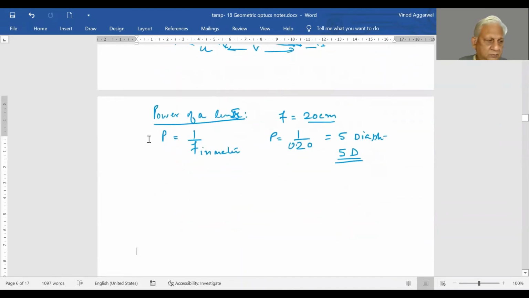Now, what happens when we combine lenses? Let's say we have one lens here. This is one lens. This is another lens. If we combine them, then what is the equivalent focal length of this combined lens?